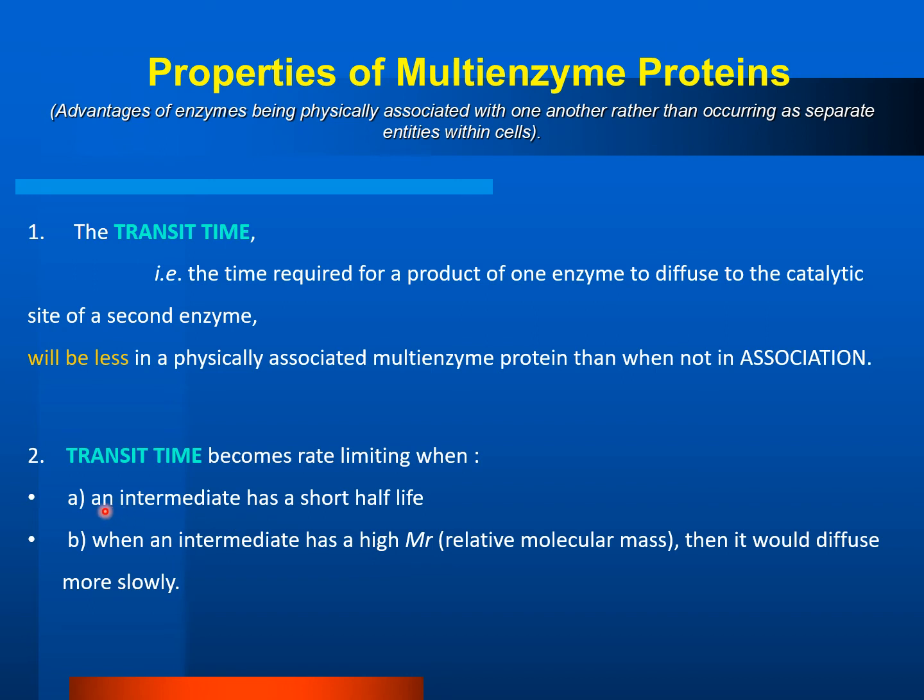If your intermediate has a short half-life, again I will consider one reaction. Suppose A is the initial substrate, B and C are the intermediate substrates and D is the final product.